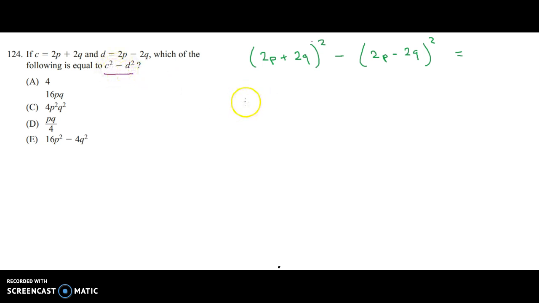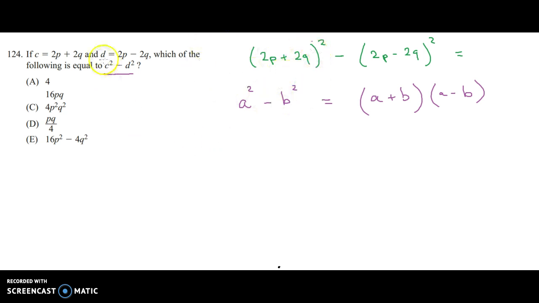If you have something like a squared minus another thing squared, that can be factored as such. That is equal to a plus b times a minus b. So we have that pattern, so really all we have to do is figure out what's c plus d, and then times c minus d.